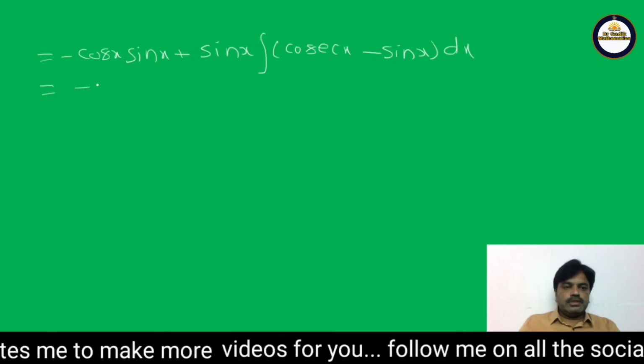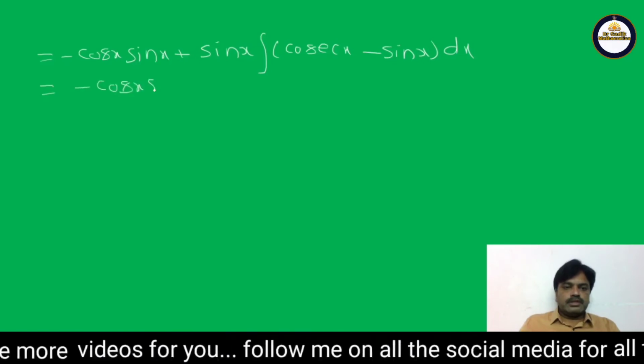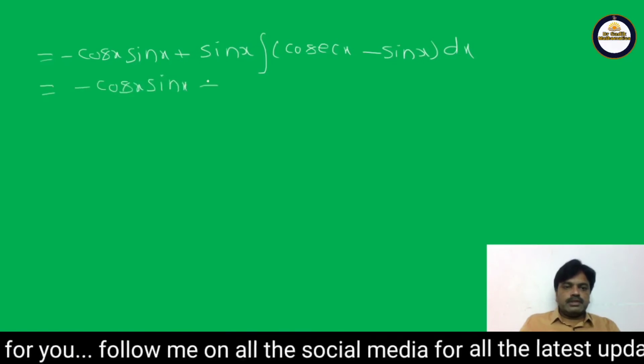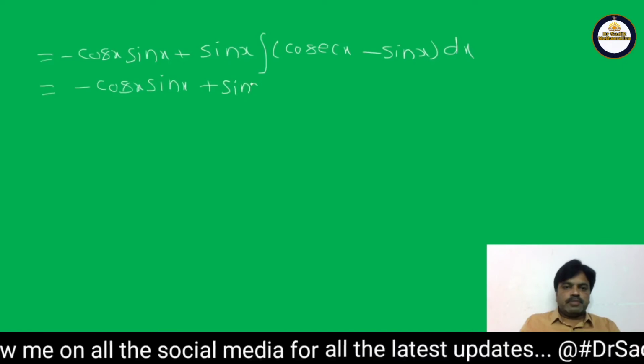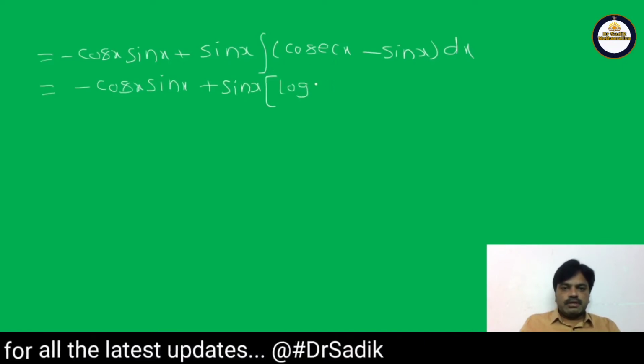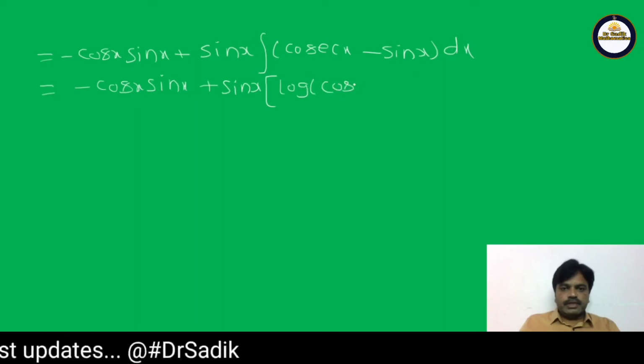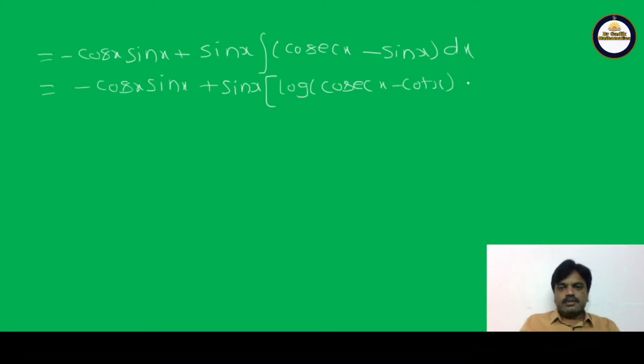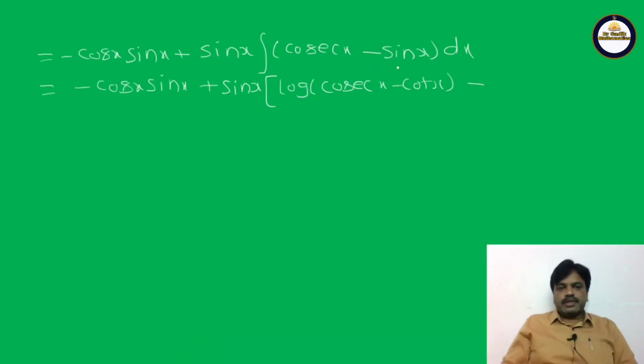So that is equal to minus cos x sin x plus sin x bracket, integral of cosecant x is log of cosecant x minus cot x, minus integral of sin x, which is minus cos x, so minus into minus is plus cos x.